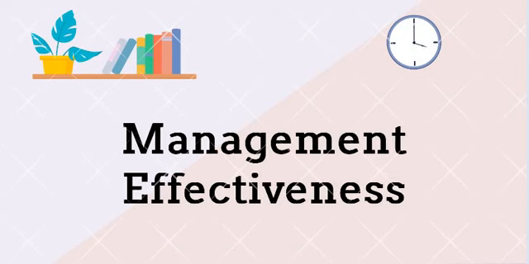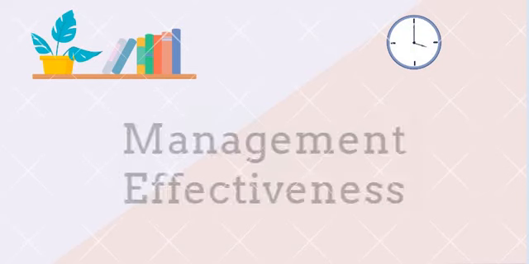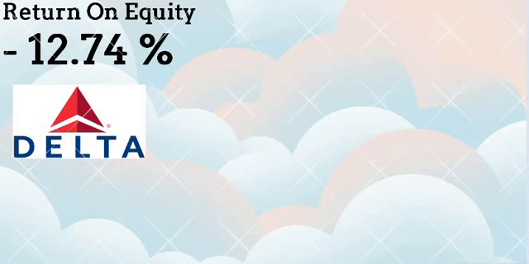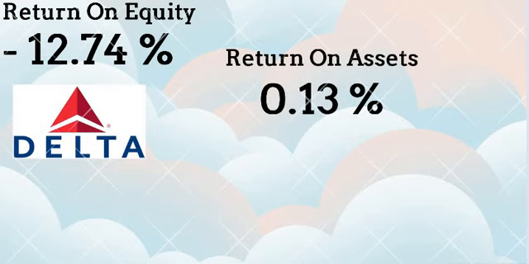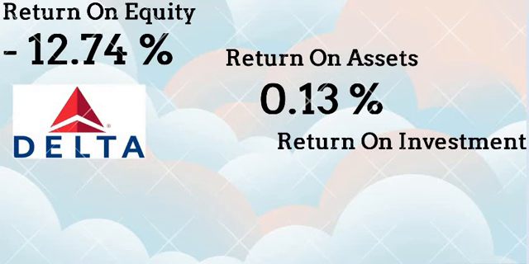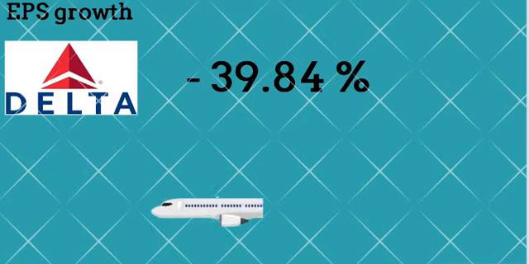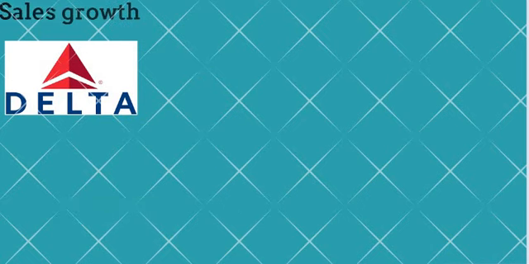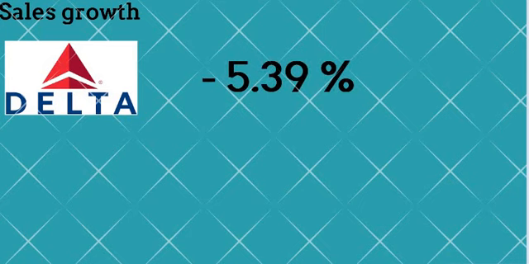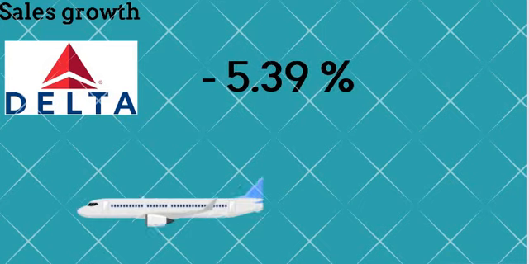Its management effectiveness: return on equity is -12.74%, return on assets is 0.13%, and return on investment is 4.85%, and 3 of them are more than the industry. Growth ratios. Its last 5 years EPS growth is -39.84, which is very low compared to the industry, and its sales growth is -5.39, but it is the same as its industry.